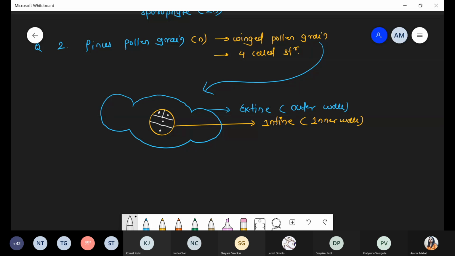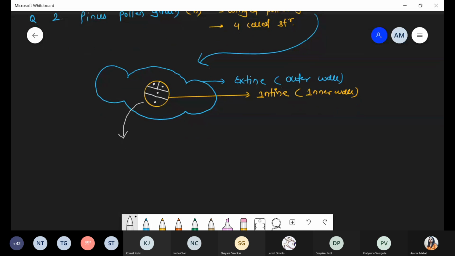So quickly we remove this section outside, and now we are talking about the meaning of the four-cell structure. The pollen grain has a total of four cells: 1, 2, 3, 4. So we are talking about a winged as well as four-celled pollen grain. The entire structure is haploid in nature.